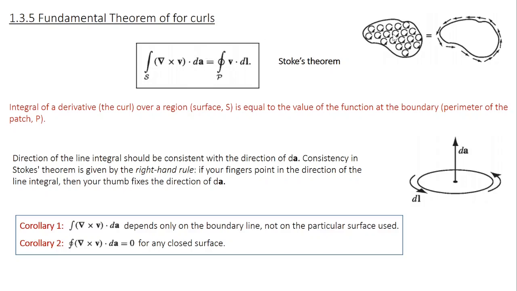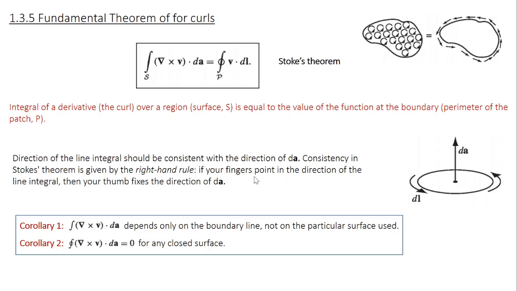As you know, the area vector is perpendicular to the given area, so you can choose the direction either out of the plane or into the plane. So which direction do you take? The bottom line is that the direction of the line integral should be consistent with the direction of the area element. And this consistency is given by the right hand rule.